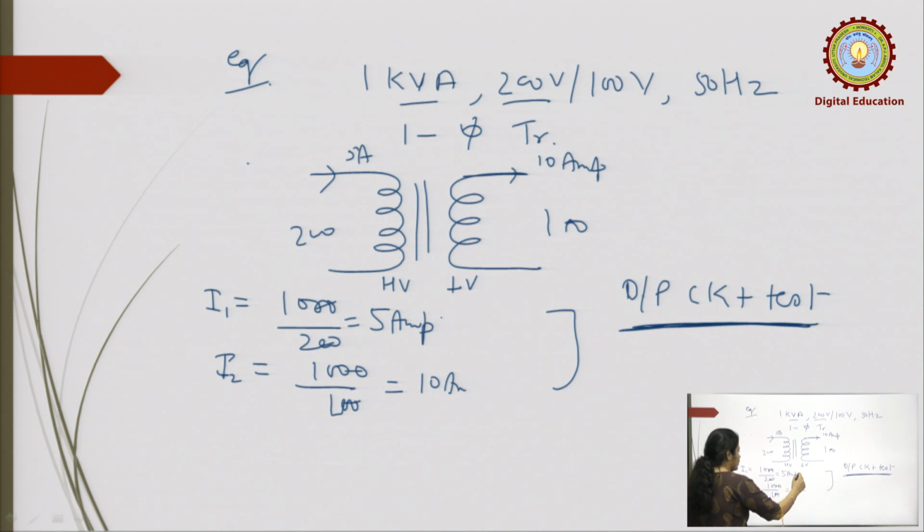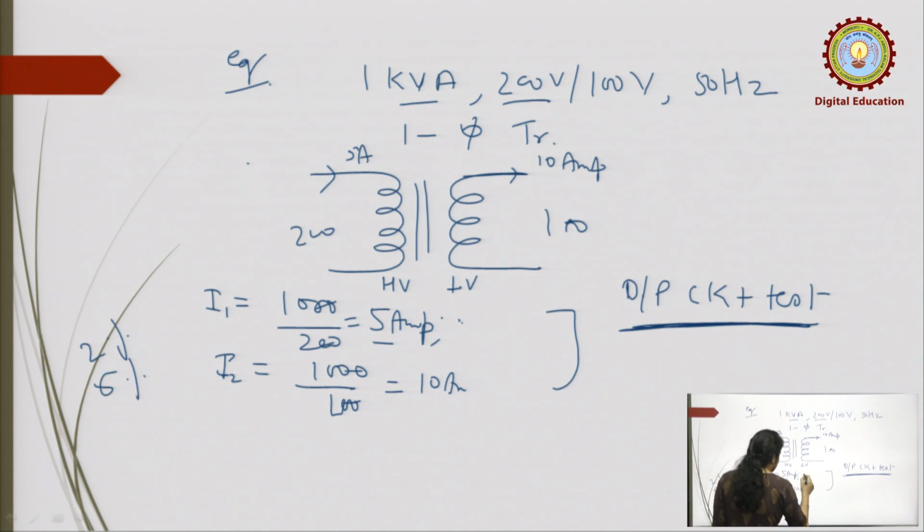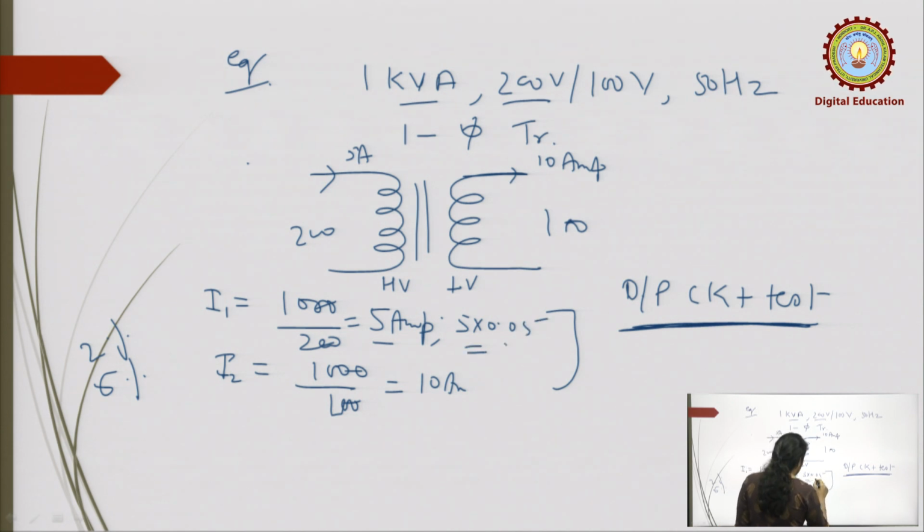So the no load current is, suppose, 5% of I1. 5% of I1 is 5 into 0.05, that is 0.25, and in this case the no load current is 10 into 5%, so here it is 0.5.